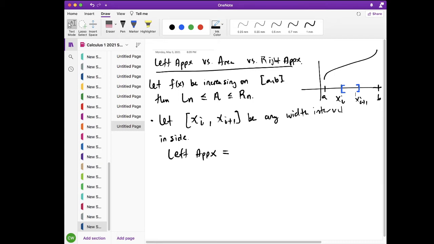Yeah, the width would be x_{i+1} minus x_i, or we can just call that w. And yes, the length is f of x_i.